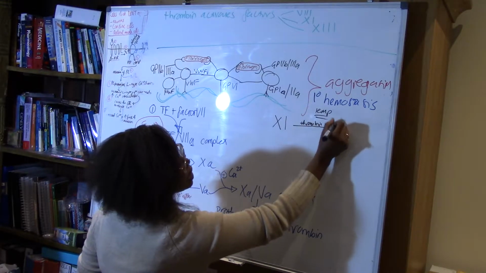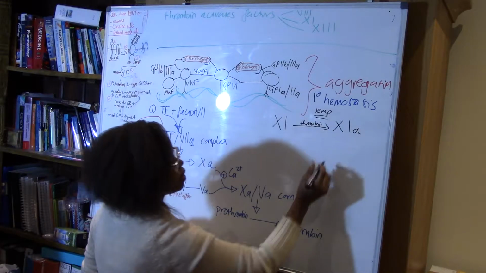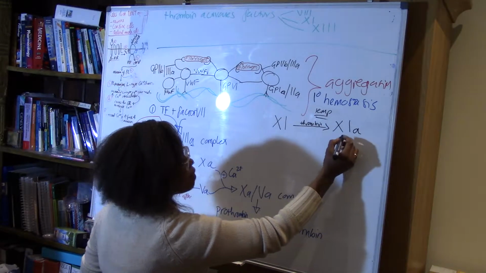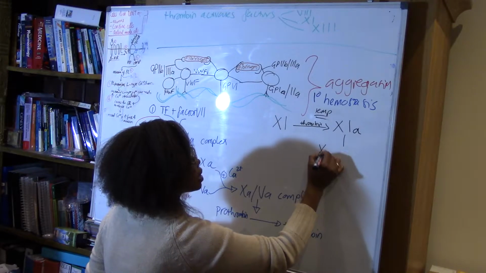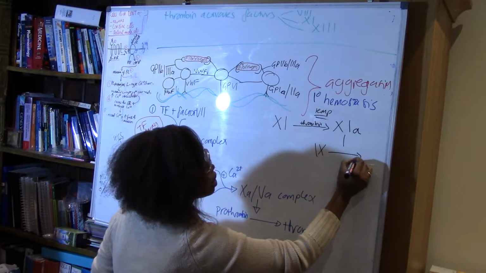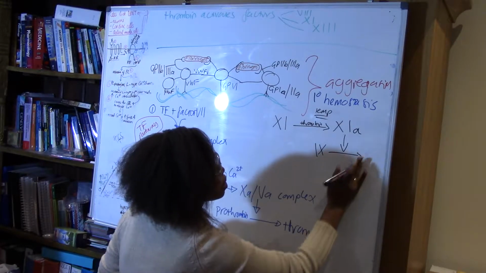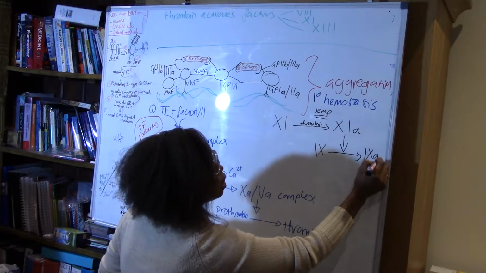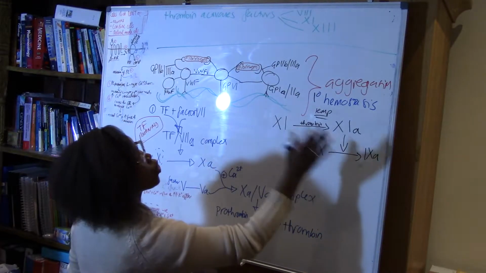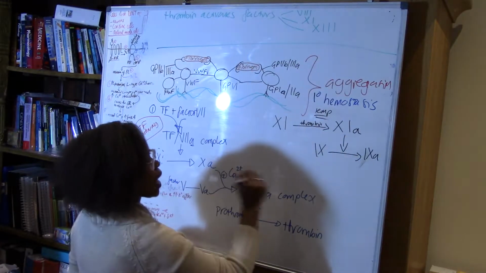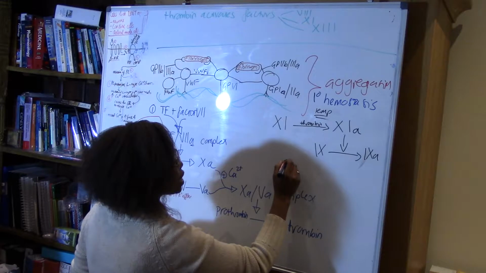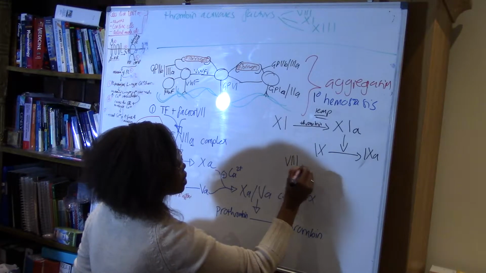Into activated factor 11. Factor 11 will activate factor 9 into activated factor 9. Thrombin again will activate factor 8.